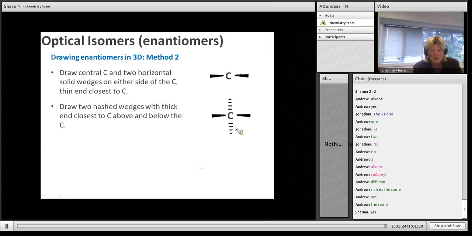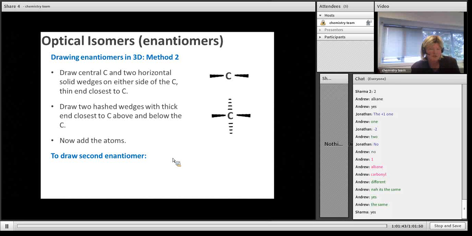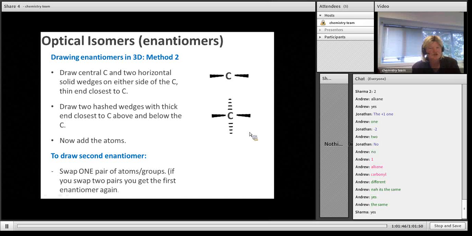Then you show, just at 90 degrees from them, a hatched edge where it's thickest close to the carbon and it's trailing away behind the paper. If you draw it like that and you add the atoms, that's a very easy way to draw a 3D molecule. Okay, to draw the second enantiomer, the mirror image, you simply swap a pair.